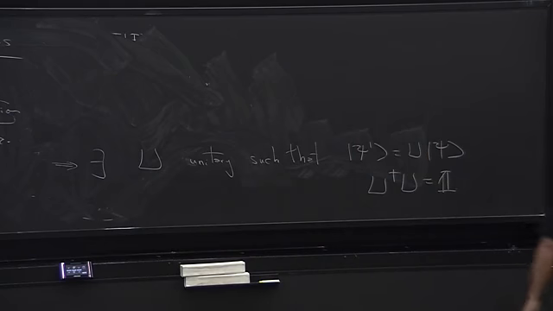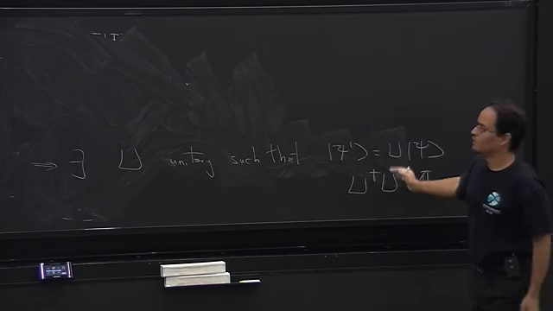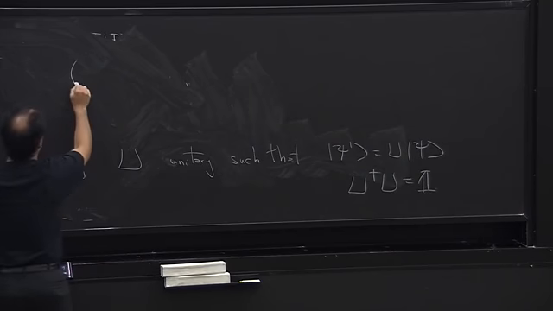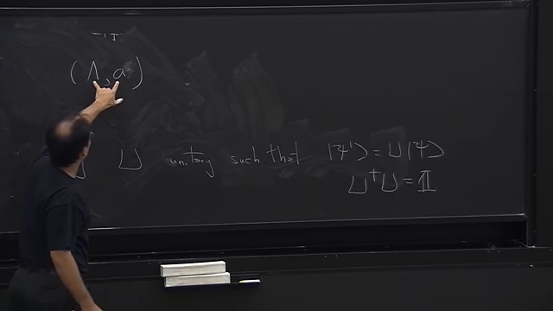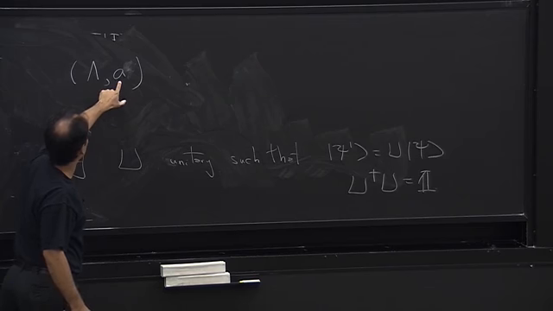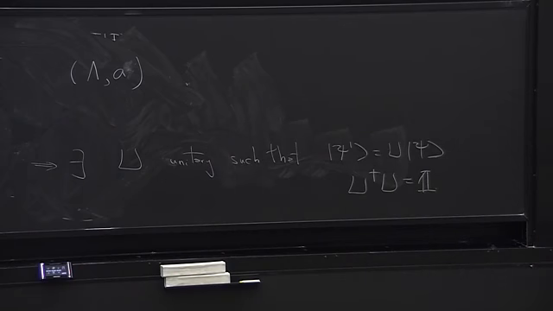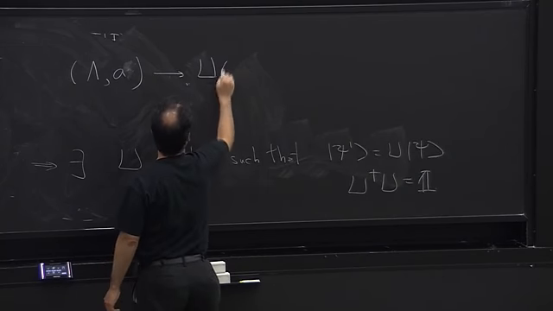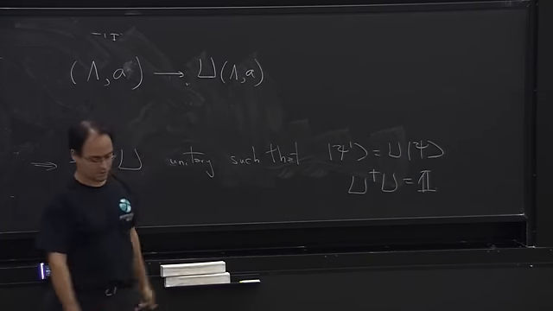Good. Now we are going to say that such a unitary operator must exist for every Poincaré transformation. So a Poincaré transformation is a collection of pairs of objects, Lorentz transformations and translations, okay? So this is a Poincaré transformation. And we're going to assume that there exists one unitary operator per Lorentz transformation.